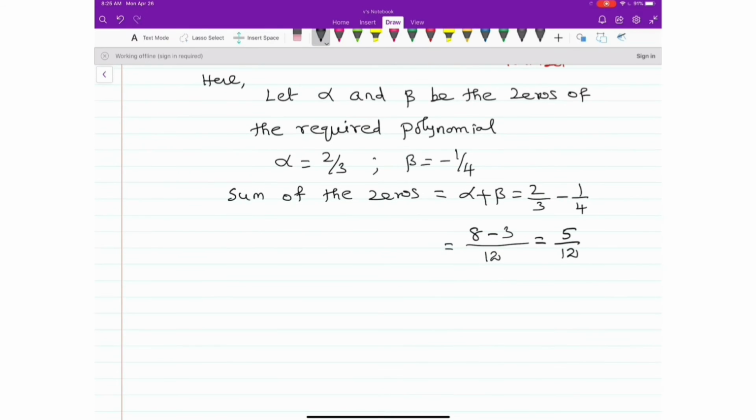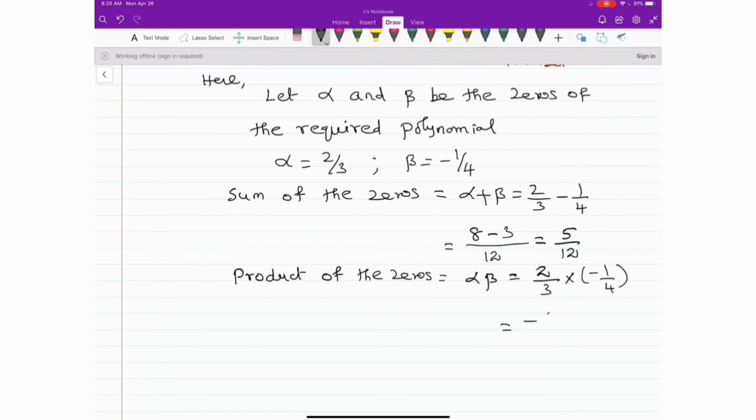Then what will happen to product of the zeros? Product of the zeros is equal to alpha beta is equal to, what will happen here? 2 by 3 into minus 1 by 4.